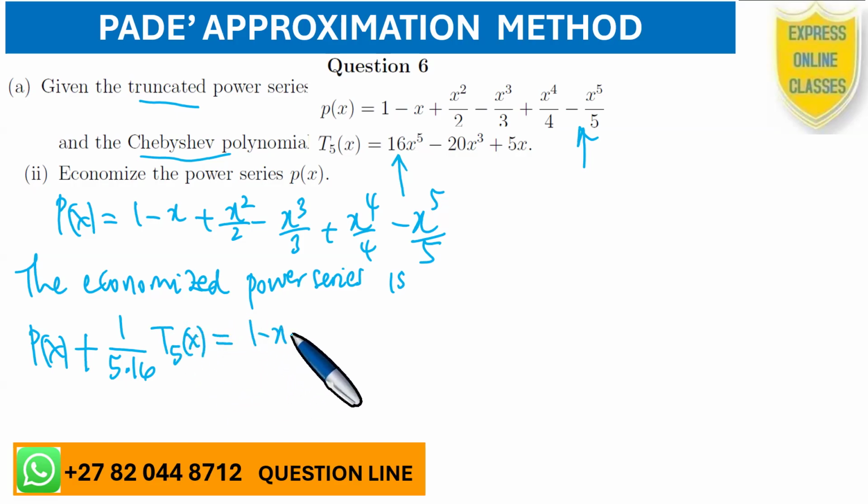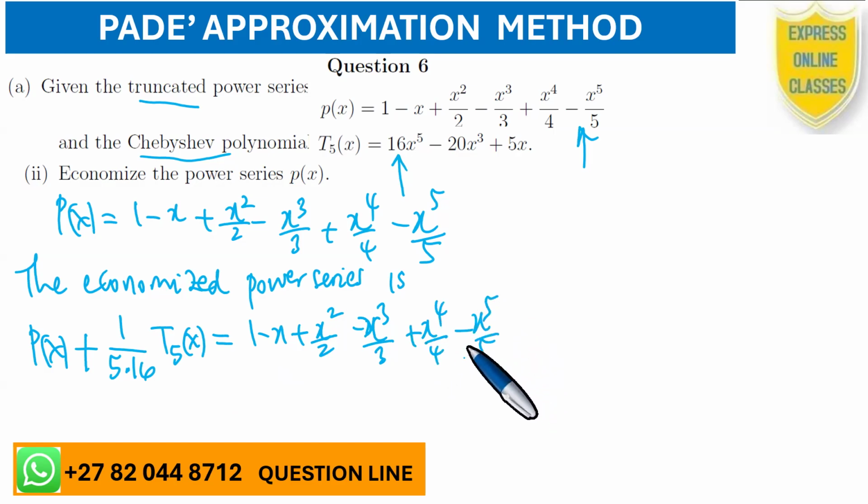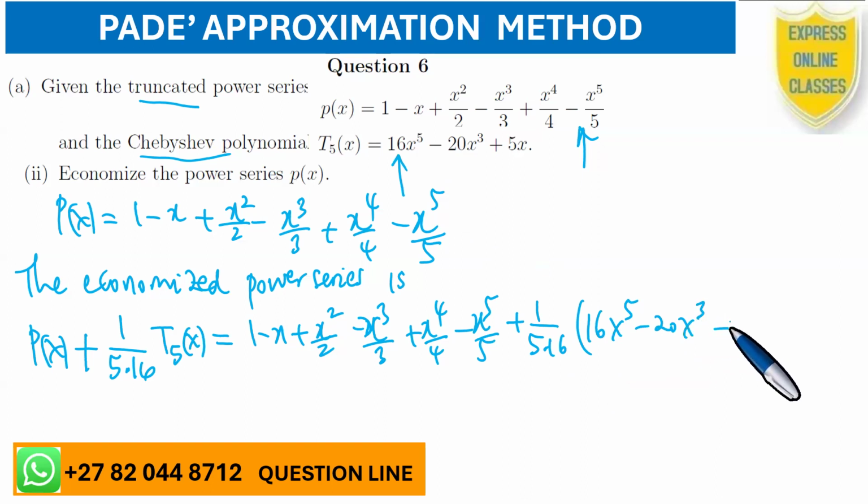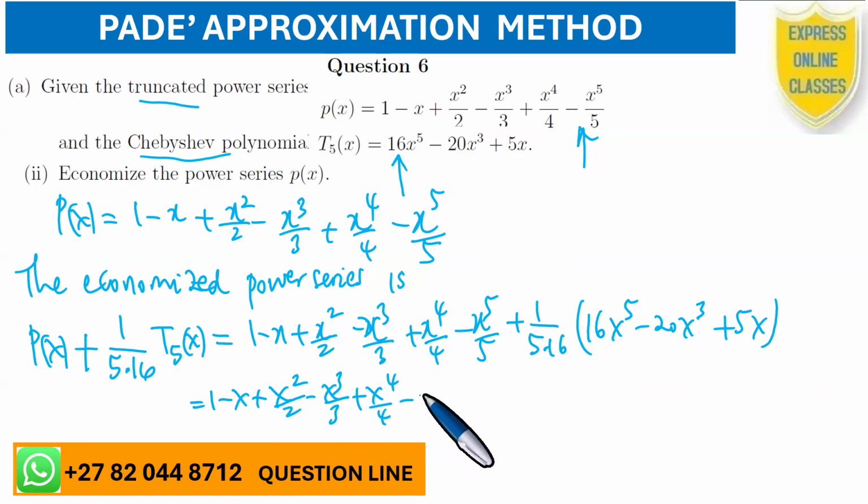P of x, plus x to the fourth power, minus x to the fifth power of 5, and then we multiply everything with this.